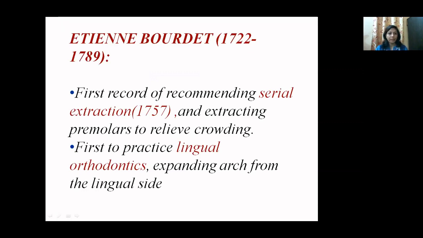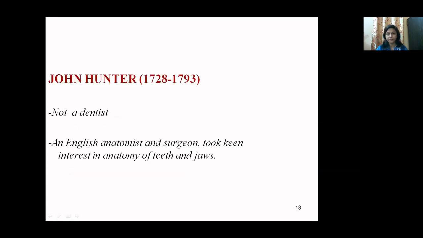Étienne Bourdet was the person who first recommended serial extraction and extracting the premolars to relieve crowding. He also first practiced lingual orthodontics, trying to expand the arches from the lingual side.